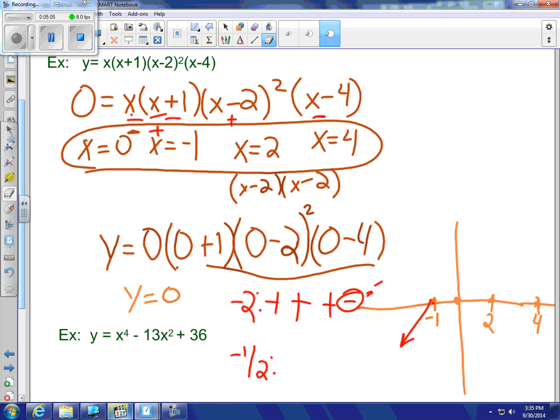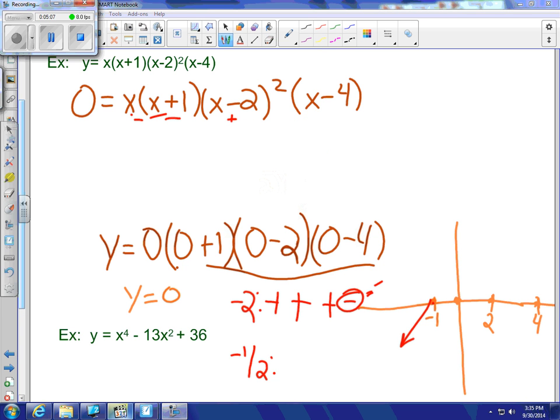Let me rewrite this entire thing. Okay, so we're doing negative 1/2, right? So we have a negative, we have a positive, we have a positive, and we have a negative, right? So we have negative, positive, positive, negative. 2 negatives turns into a positive. This is going to be positive. So this is going to go upwards, right?